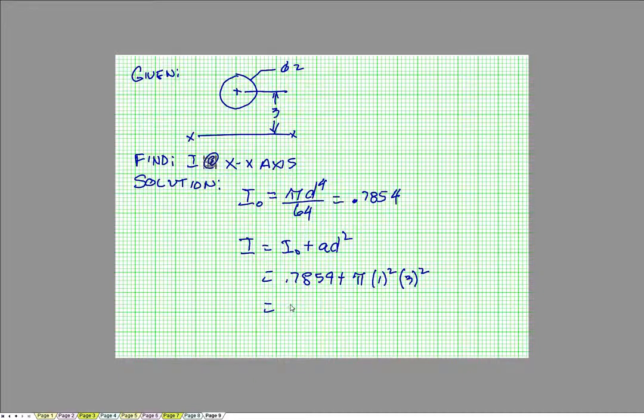Moment of inertia is 29.06 inches to the fourth. Just by moving it up and securing it gives it a lot more resistance to bending.